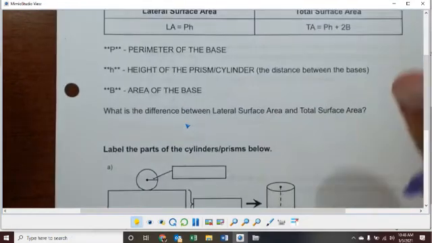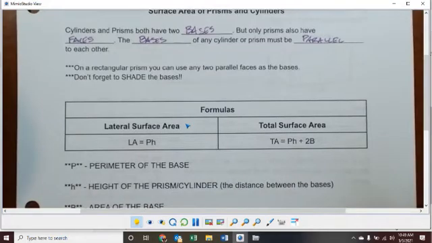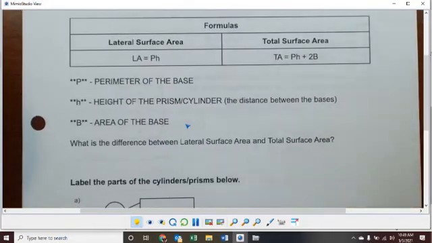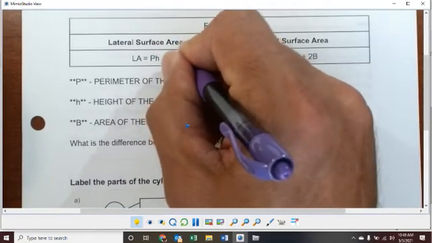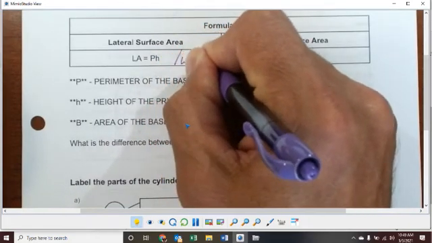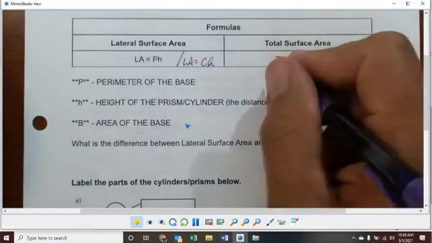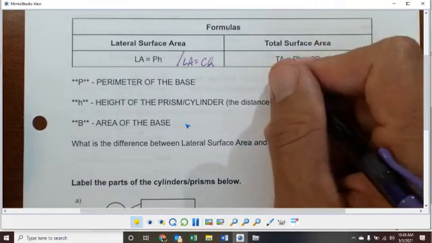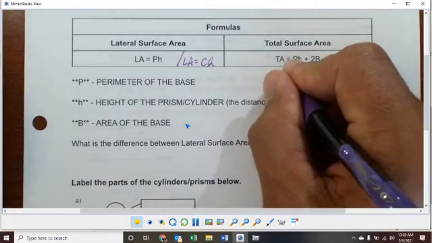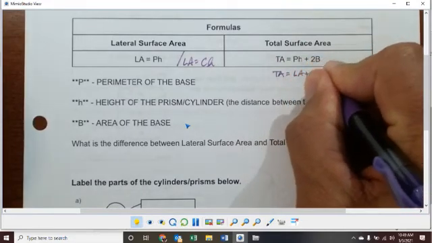If we look down here at the bottom, that's an idea of what cylinders and prisms look like. Let's talk about them for just a second. Our formula for lateral area is perimeter times height. If it's a cylinder, our lateral area becomes circumference times height. Total surface area for either of them is lateral area plus 2B.